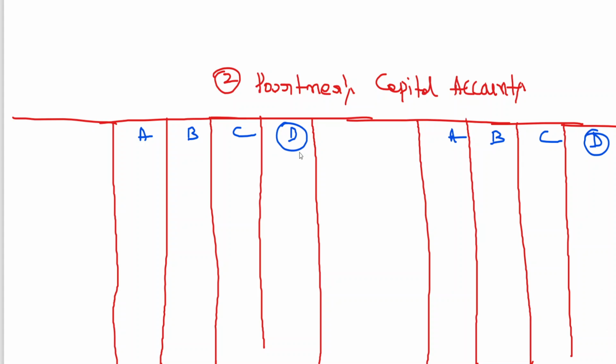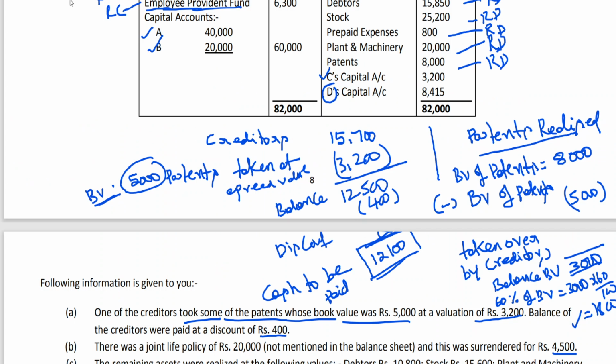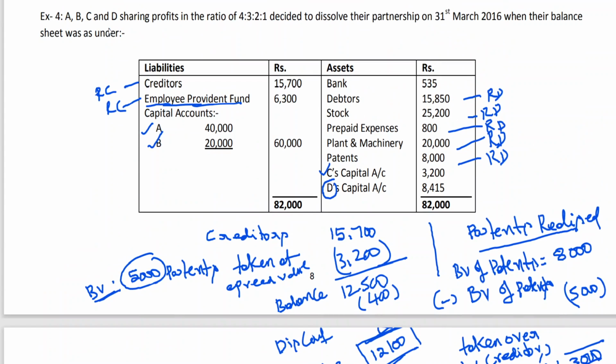He is the insolvent partner. I have just rounded up. To balance brought down: C 3,200, D 8,450.